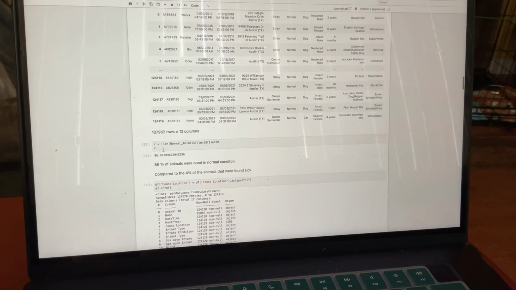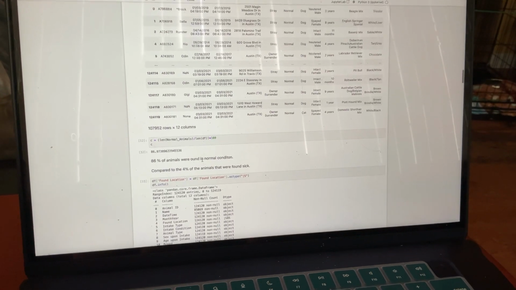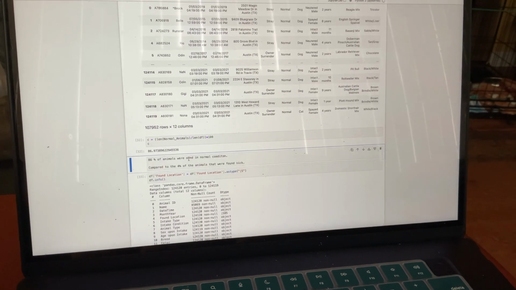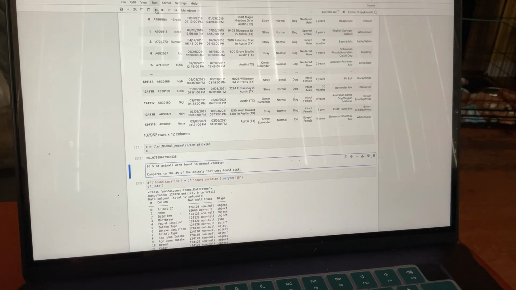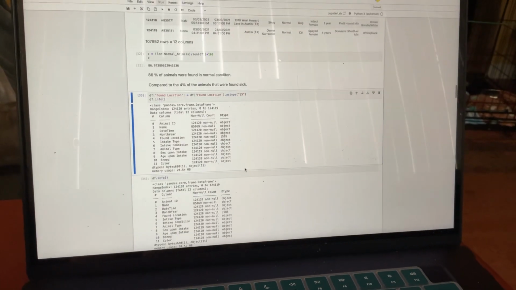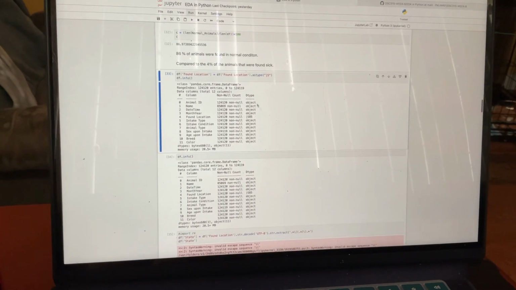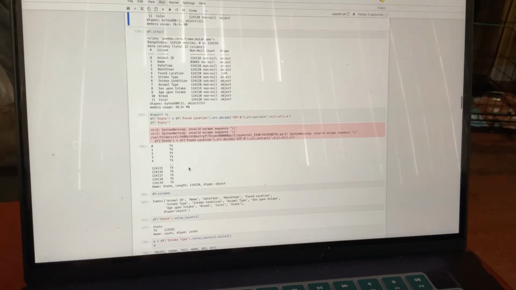And here is, they were found in a normal condition compared to the 4% of animals that were found sick. Because this is based in Texas, I did a found location, so here and here, which because the found location is Texas, you can tell that this is from a data set based in Texas.